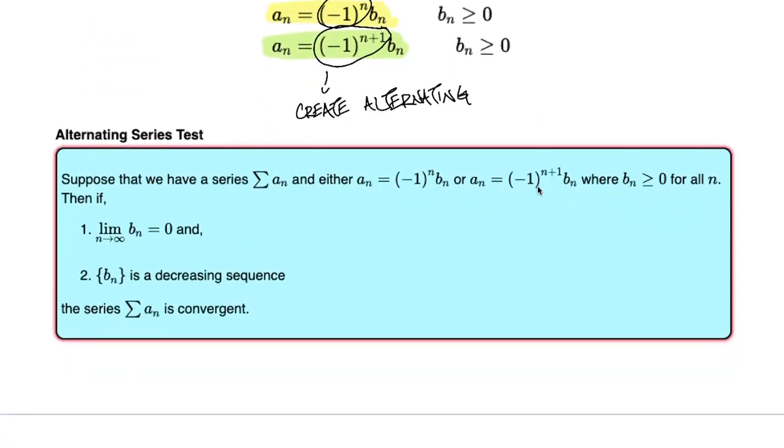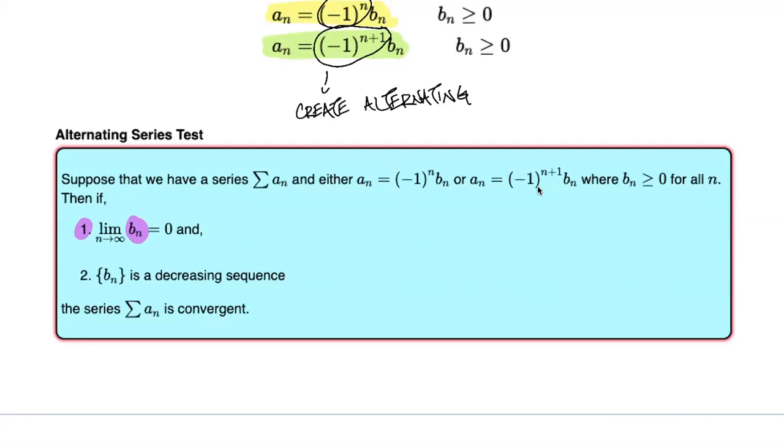So what is the alternating series test? First of all, you can only use this when it's alternating. If it's not an alternating series, you cannot use this test. But there are only 2 things that we need to check, okay? If we take the limit as n approaches infinity of not the alternating part, but only the b sub n part, and that equals 0, that's one thing we're looking for.